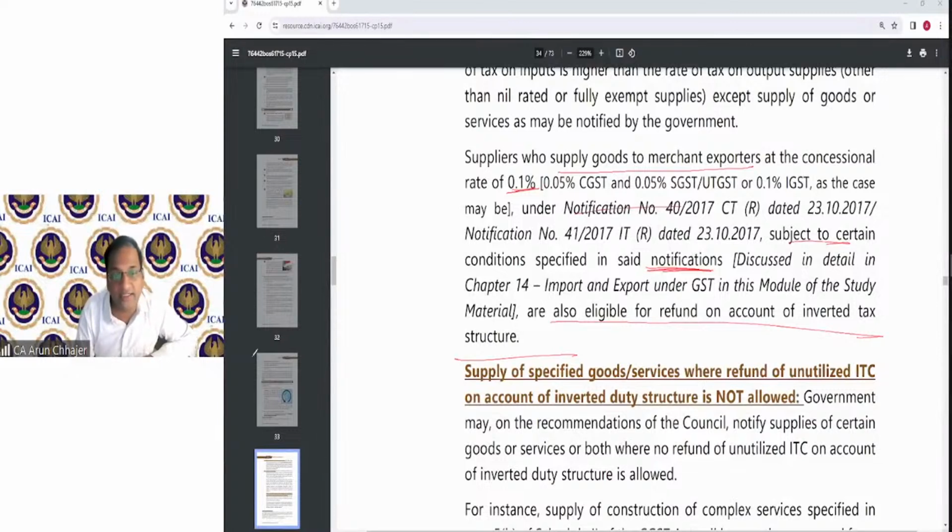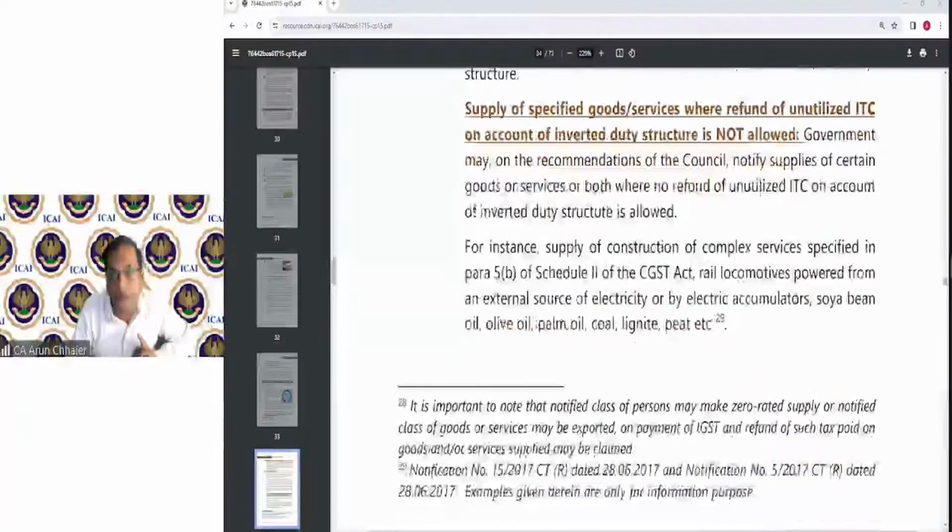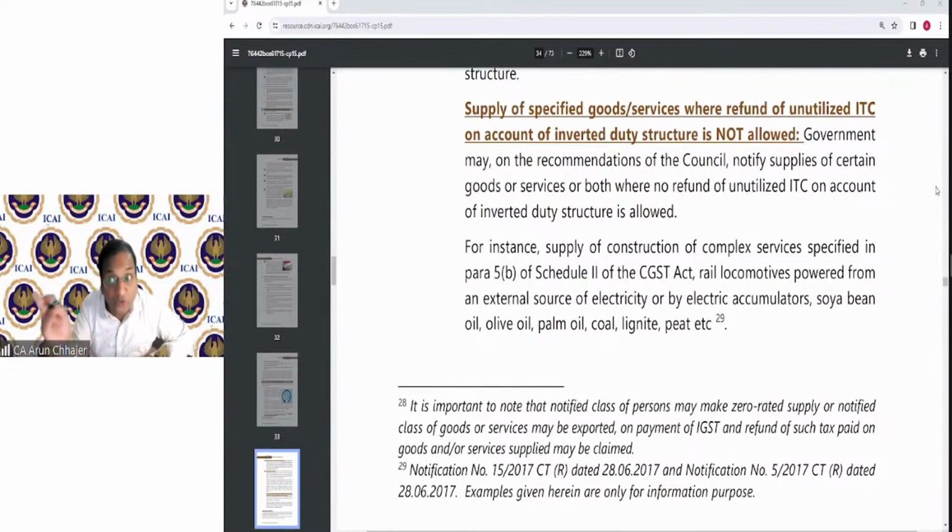Now the situation is supply of specified goods where refund of unutilized ITC on account of inverted duty is not available. It means here you are not entitled to take the refund of unutilized ITC. So what is that?